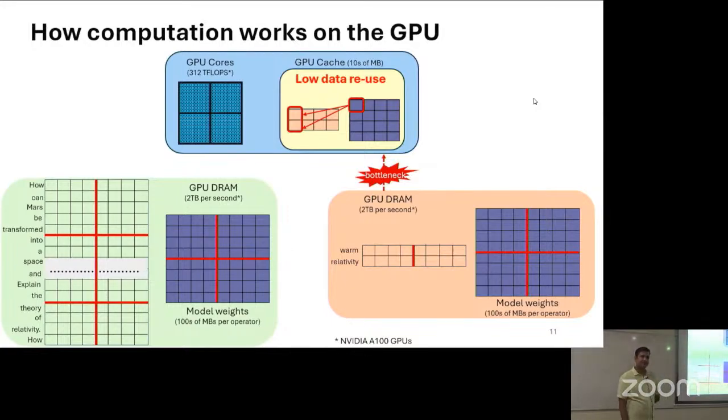Prefill generates the KV cache. Correct. Again, prefill and FFNs: during FFNs, the decode input is small and prefill has a large input. That is the difference in FFN. During attention, prefill is compute bound because you are multiplying large inputs.